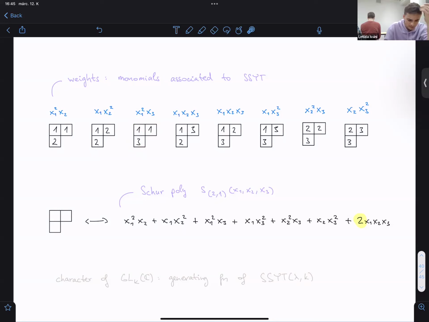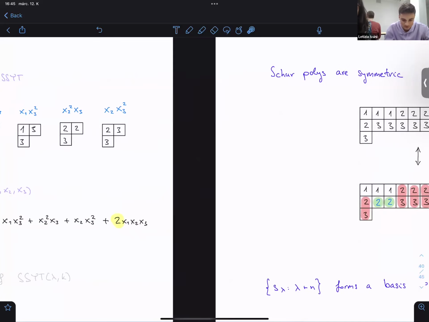And if we take the sum of all these monomials, we get something called a Schur polynomial, which turns out to be the character of the GL_k(C) representation corresponding to this partition.